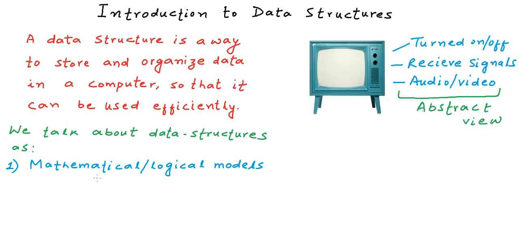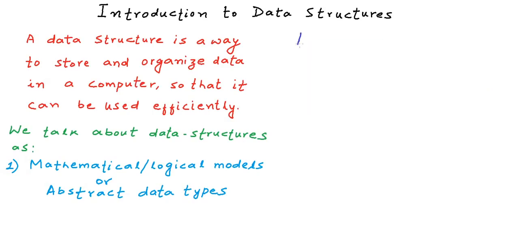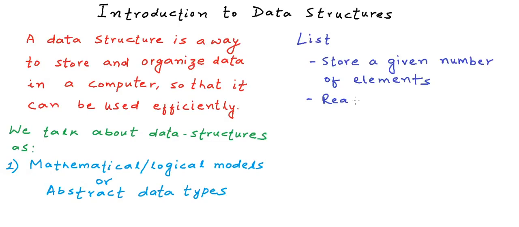So when we study data structures as mathematical or logical models, we just define their abstract view, or in other words, we define them as abstract data types. An example of an abstract data type can be: I want to define something called a list that should be able to store a group of elements of a particular data type, and we should be able to read the elements by their position in the list, and we should also be able to modify an element at a particular position in the list.